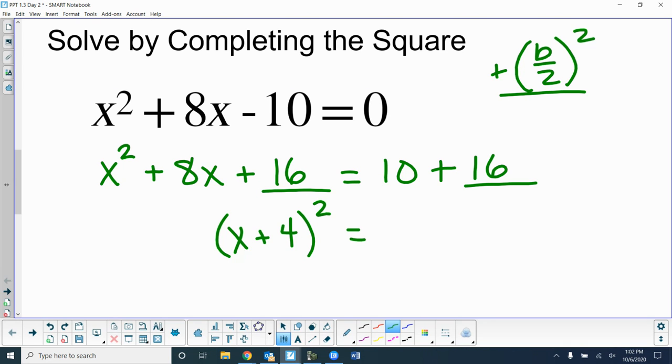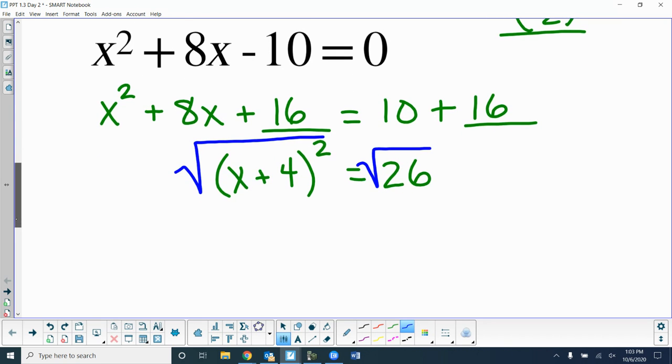And then on the right, just add the 2 numbers. And that's what our problem looks like now. So now what do I do to both sides? Square root, yeah. So now we've turned it into a square root method problem. We complete the square first, and then we use the square root method to finish it up.